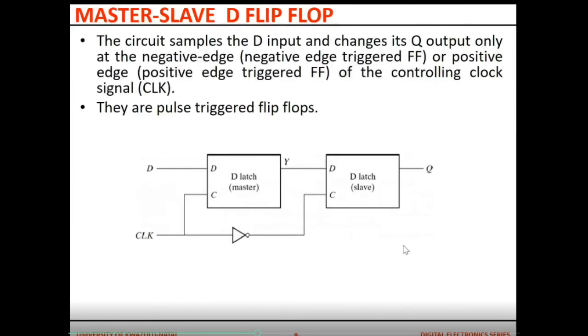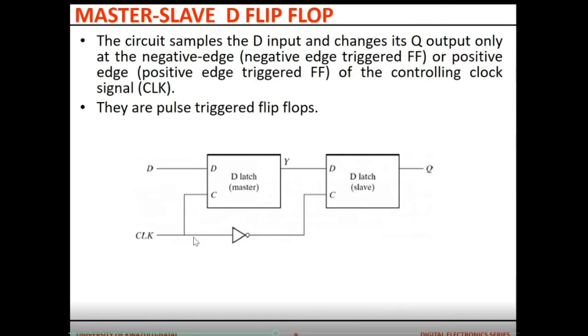The next one is what you call a master-slave D flip-flop. It can be a master-slave JK, but we are looking at the master-slave D flip-flop. So you've got two latches, the master latch and the slave latch, which you can look at as a clock or an enable.